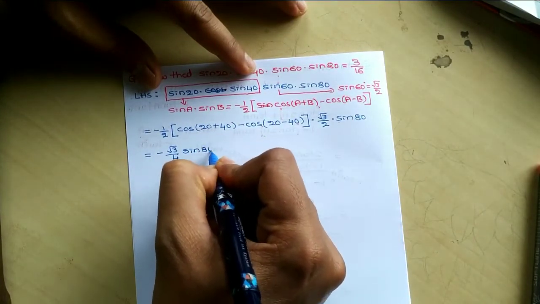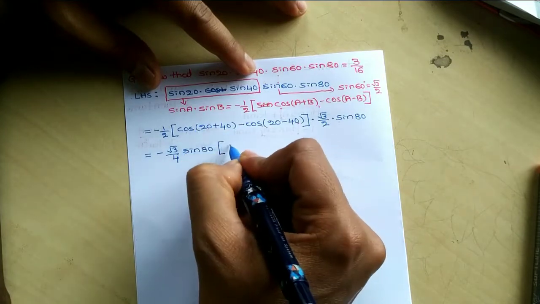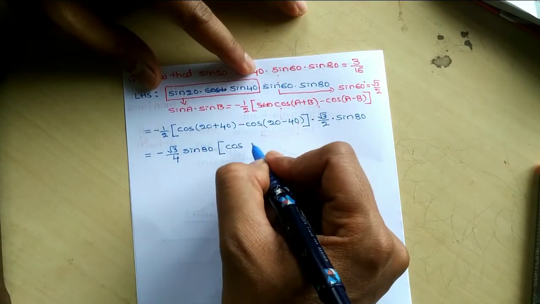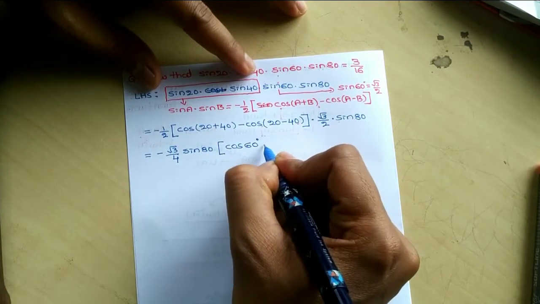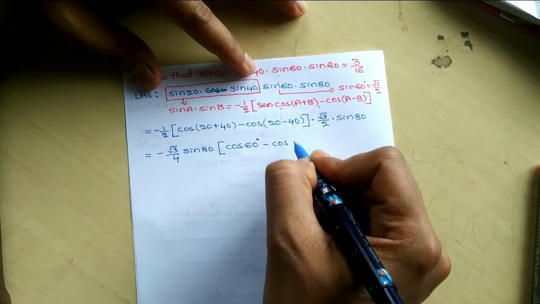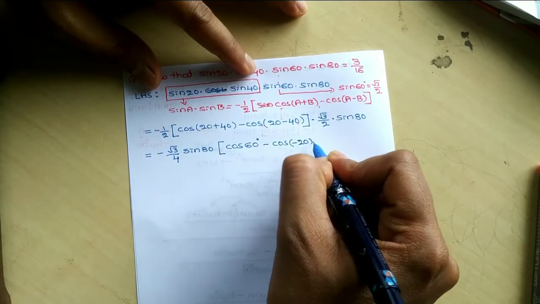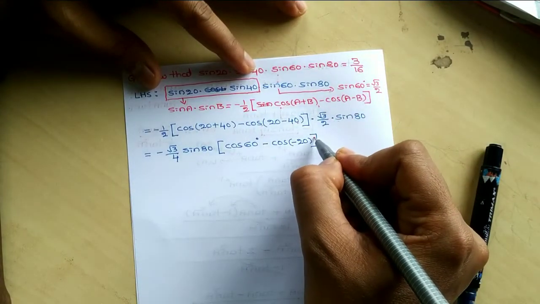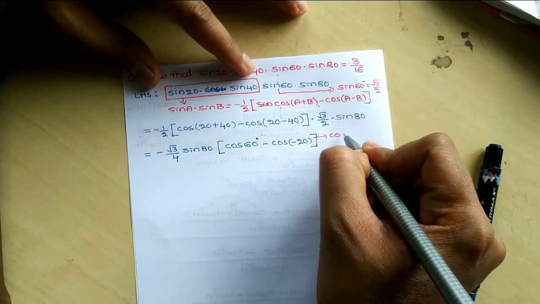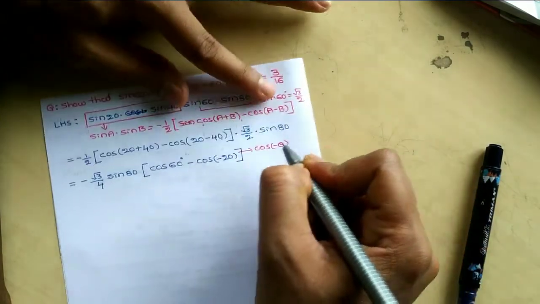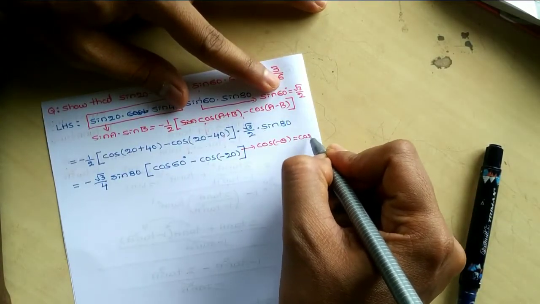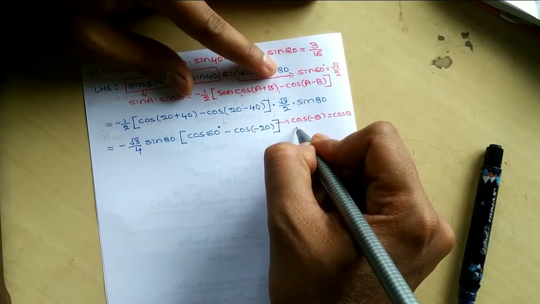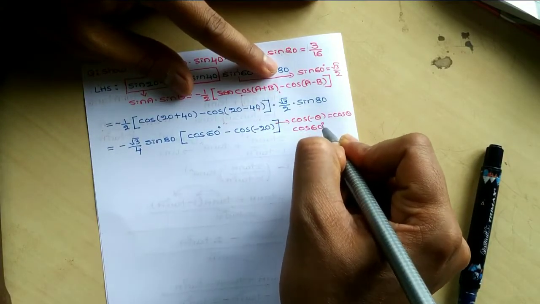Keep it as it is in bracket. Next, cos 20 plus 40 is 60, minus cos 20 minus 40 is minus 20. Okay, so next, here first apply the cos of minus theta formula, that is cos theta, and here you know the cos 60 degree value.